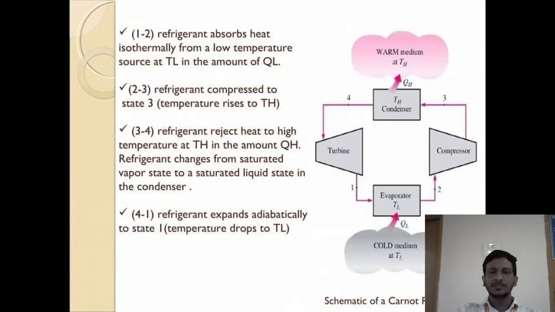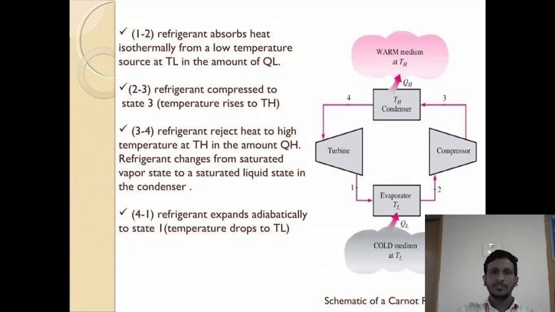This diagram shows the symmetric view of the Carnot refrigeration cycle. Here we have four important components: evaporator, compressor, condenser and turbine.